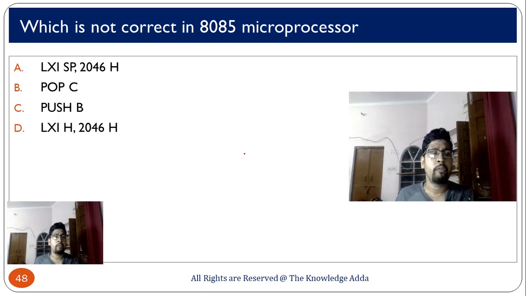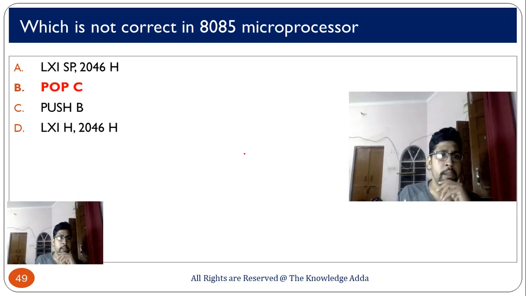And for representing a register pair, we have to use the first letter of the register pair. So here in POP C, C is not the first letter of a register pair, so that is wrong. PUSH B, that is correct, because you have mentioned the first letter of the BC pair. LXI H, 2046, that is also correct, because here H represents the HL pair, and the HL pair can store 16-bit data. So in this case POP C is the answer.